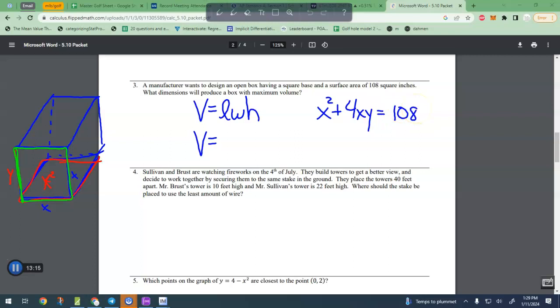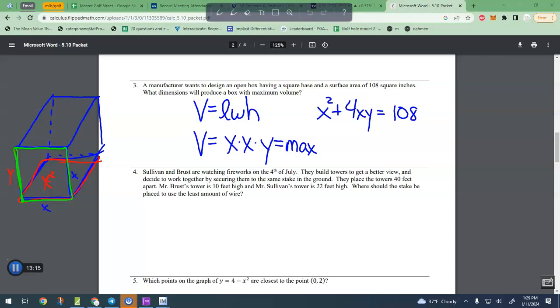Alright, so going back to volume now, length times width times height. Length and width are both x, but the height is y. And that's what I'm trying to maximize. I want to use my paper efficiently so I can get as much in this box as possible. So this is the equation I want to eventually work with, but the problem is it has two variables.